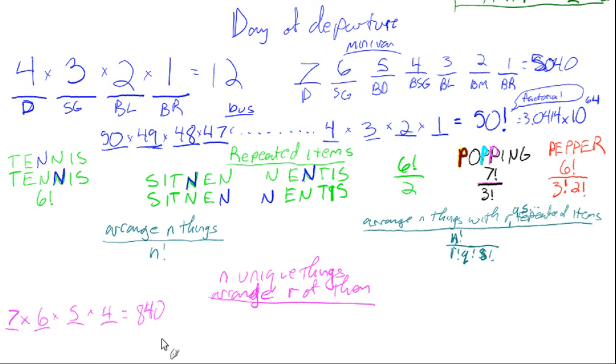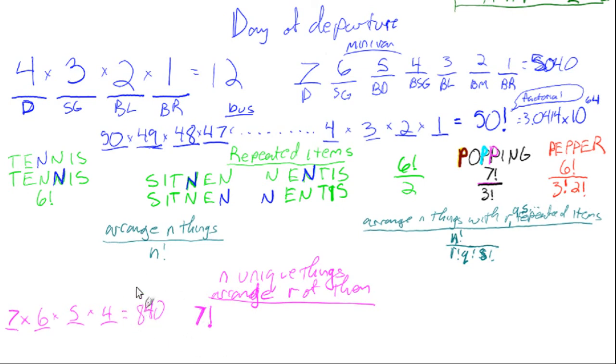So let's say we started with 7 factorial for this. 7 factorial. But we see now that we want to only go down to number 4 here. The 4 remaining people are going to sit in the last seat in this car, and then just take off those last 3. How can you take off the last 3?